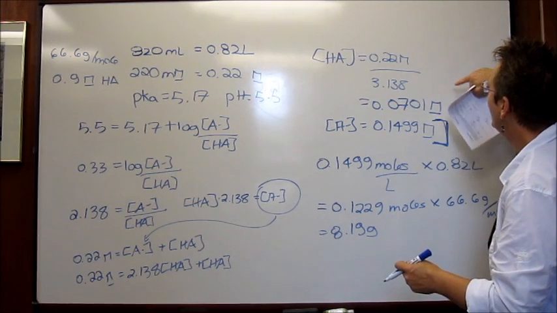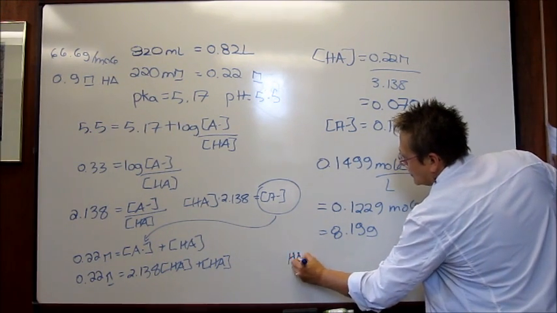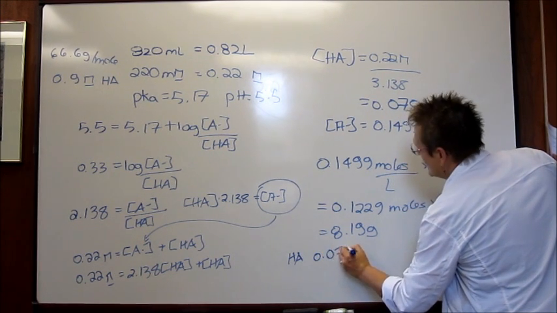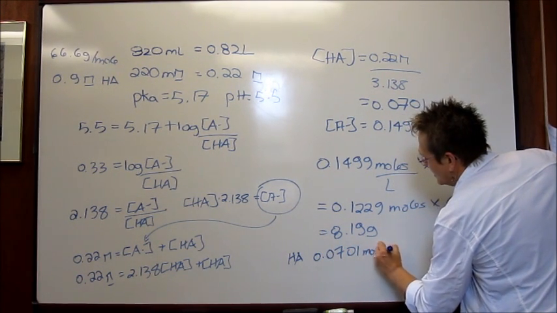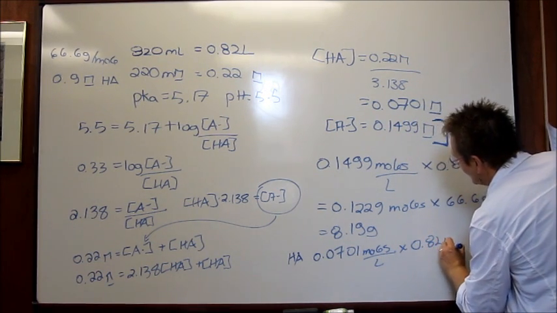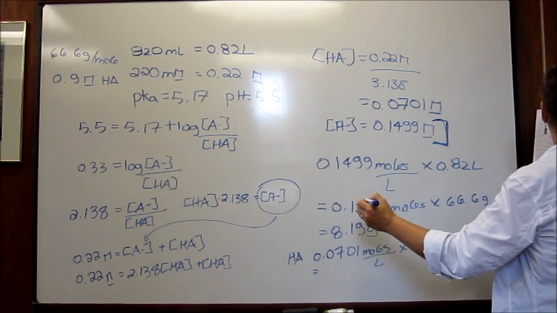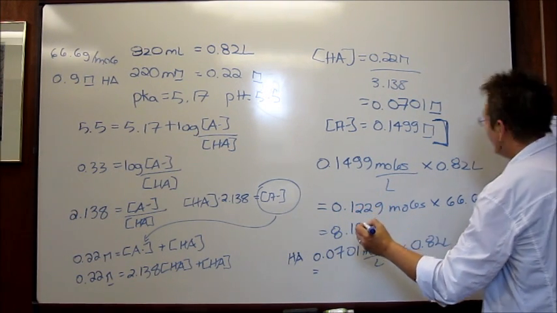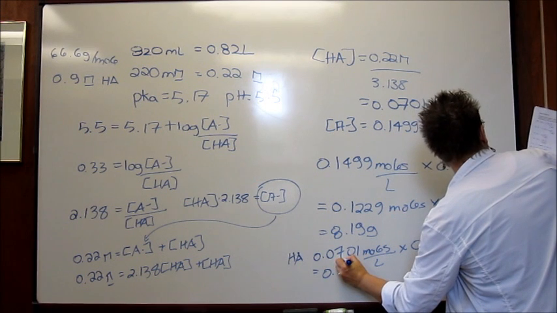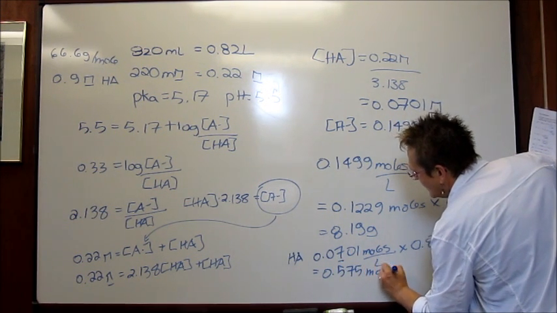For my weak acid, I have 0.0701 moles per liter times the 0.82 liters is equal to 0.0575 moles.